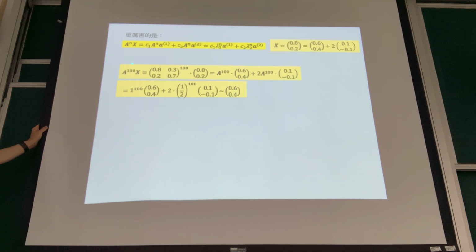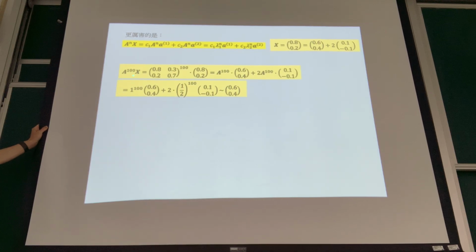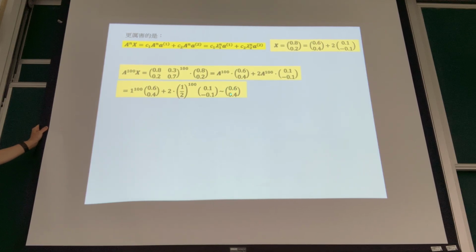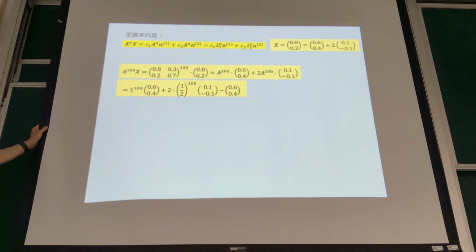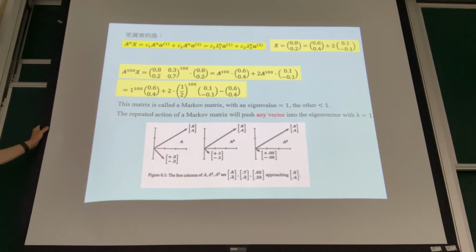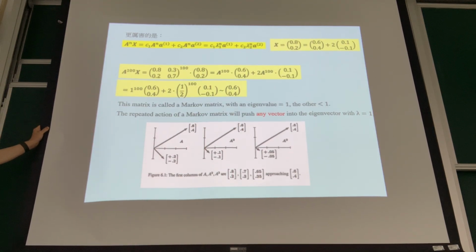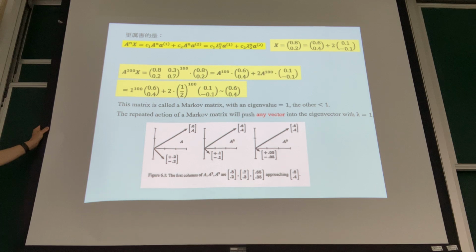So A to the 100 times x is equal to 0.6, 0.4. Actually, there is a name for this kind of case. This is called a Markov matrix. A Markov matrix has an eigenvalue equal to 1 and the other eigenvalue smaller than 1. If the matrix satisfies this condition, it's called a Markov matrix.